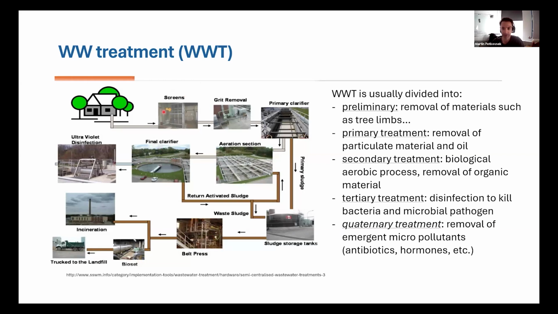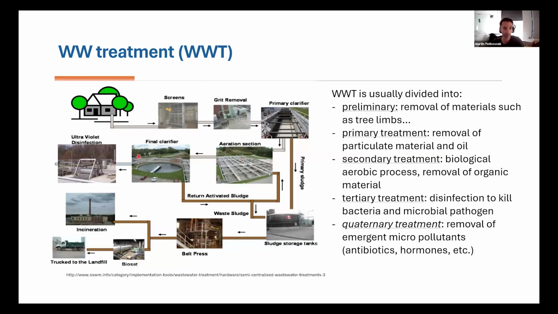After the preliminary stage, where bigger materials such as tree limbs and leaves are mechanically removed from the wastewater influent, the treated sewage enters the primary treatment zone, in which a physical treatment referred to as sedimentation is generally utilized to remove sandy material and other particulates and oils.